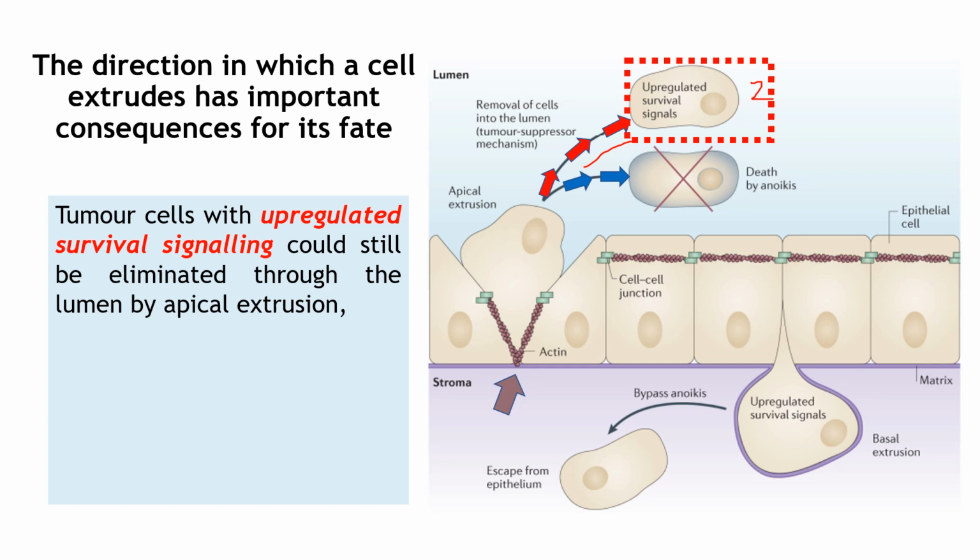If these signals are not occurring in the right way and the cell is extruded, as it is going to be in the lumen, there is no extracellular matrix that will allow them to continue those types of signals. They are not going to be surrounded by other cells, so they will start losing those signals. So removing those cells into the lumen could become a tumor suppressor mechanism.